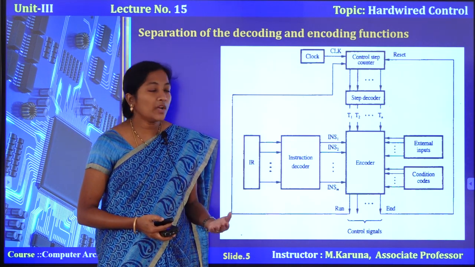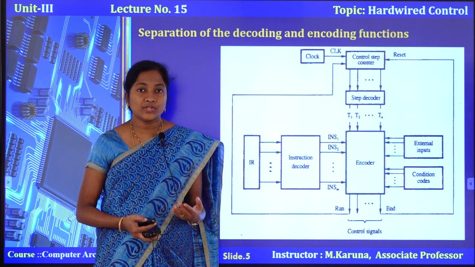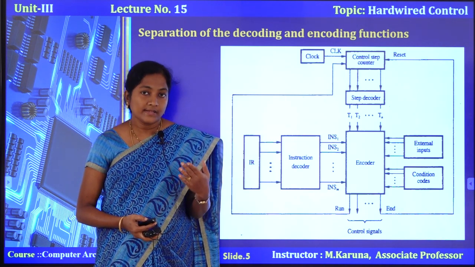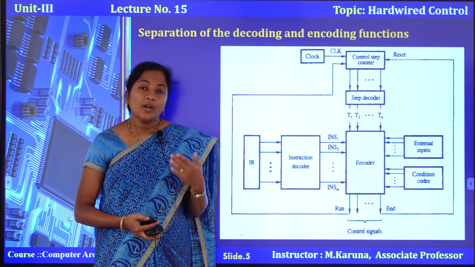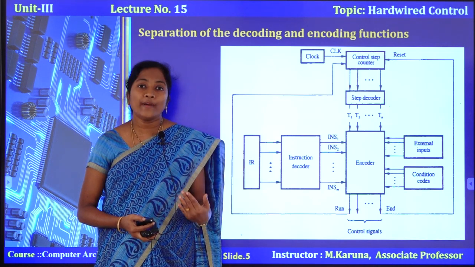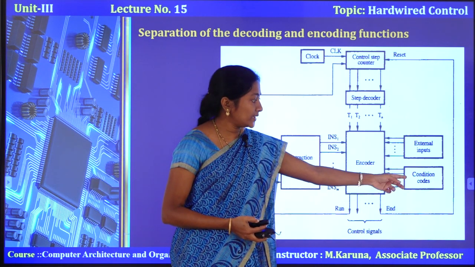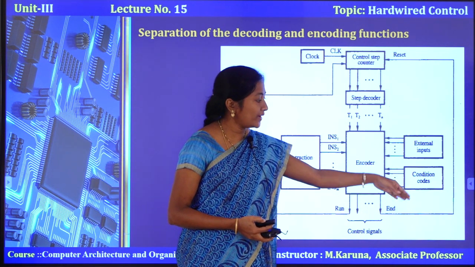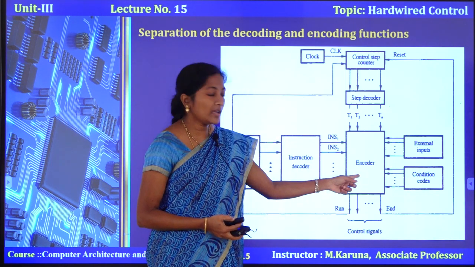Okay, if the output has a carry, then the carry flag will be set to 1. Likewise, some conditional flags are there. Based on that condition, the processor jumps to the specified location provided in the branch instruction. Okay, so likewise, based on the condition code, whenever a conditional branch occurs, it issues the signal to the encoder.